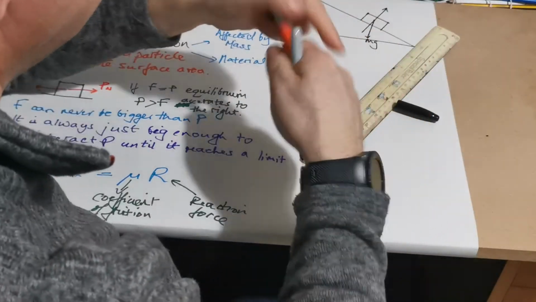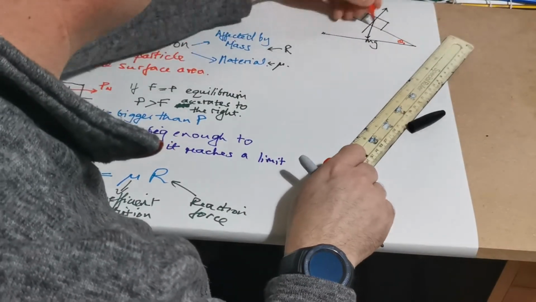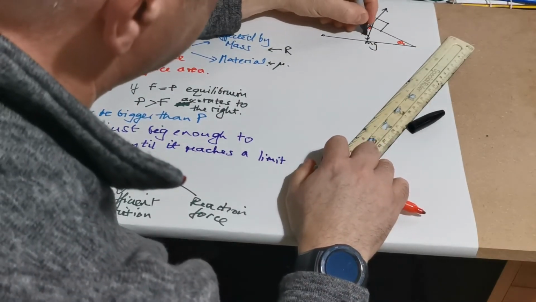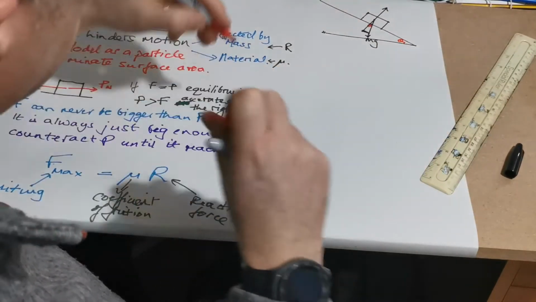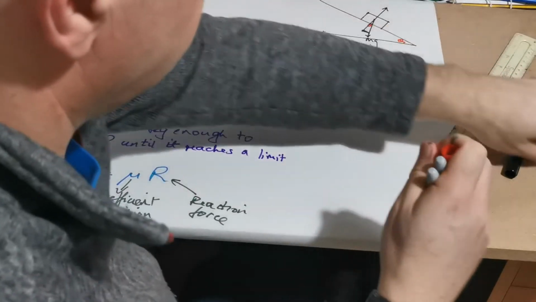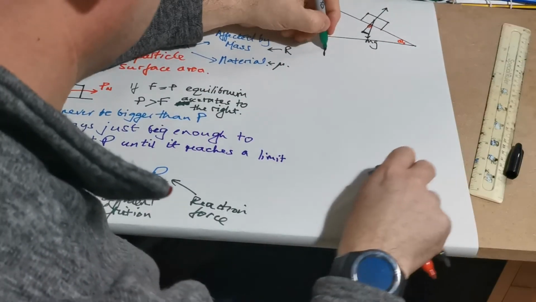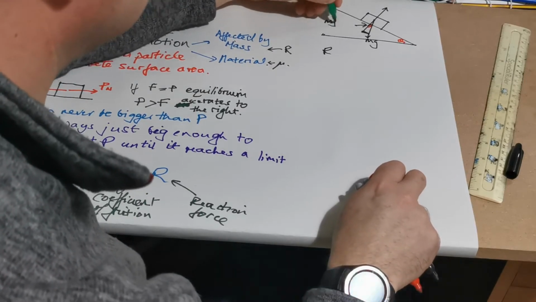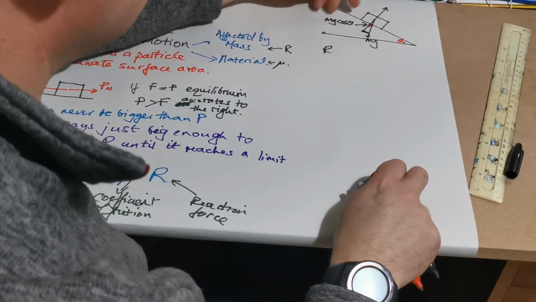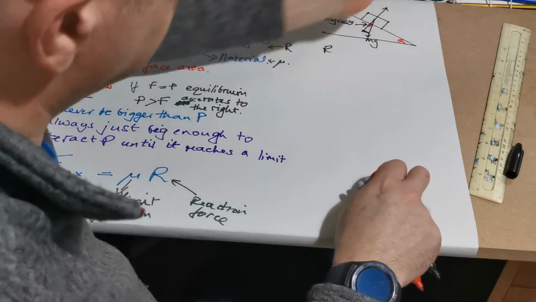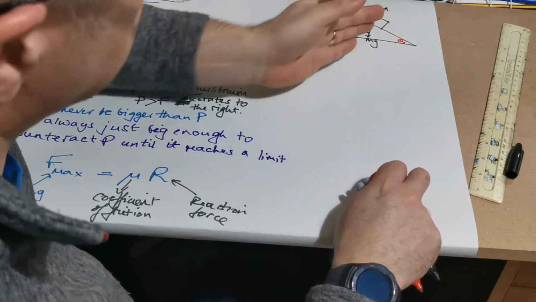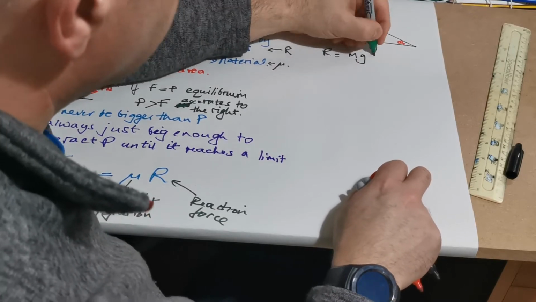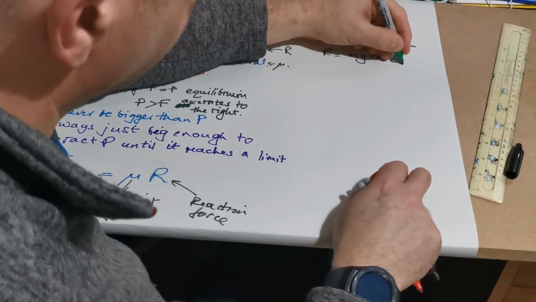We learnt last time that that is theta and that is theta, and that is a right angle. So R is mg cos theta. The block is not going through the plane, so we must have equilibrium perpendicular to the plane. So R equals mg cos theta.